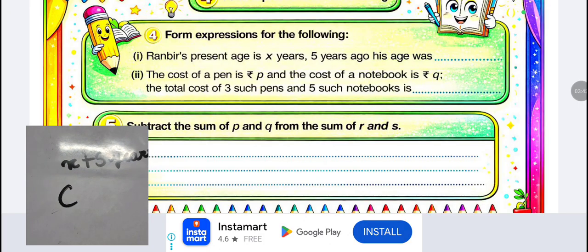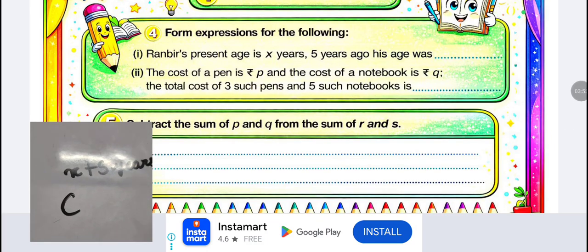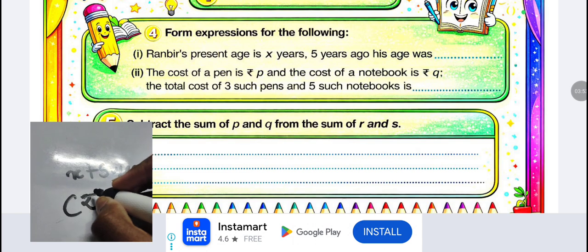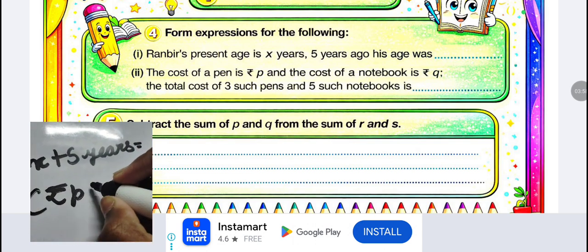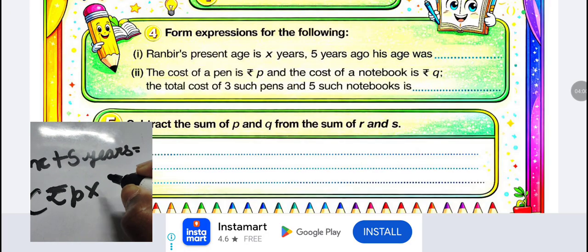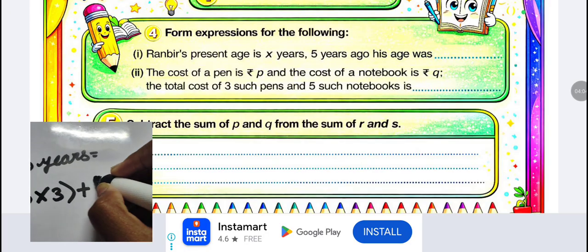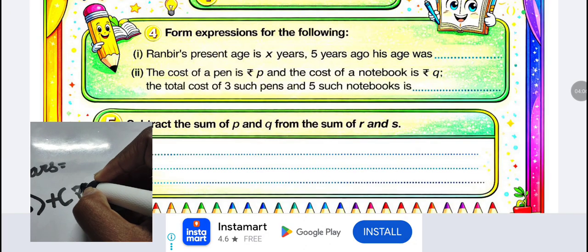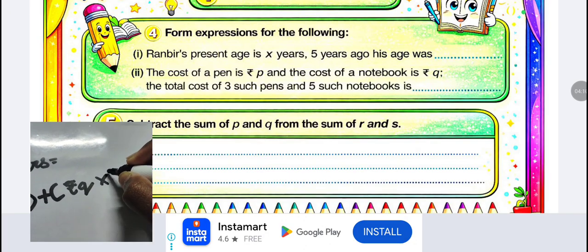I think the rupees sign will be inside. Let me check. Okay, I have checked it. The rupees sign will be inside. Rupees P into 3 plus rupees Q into 5.